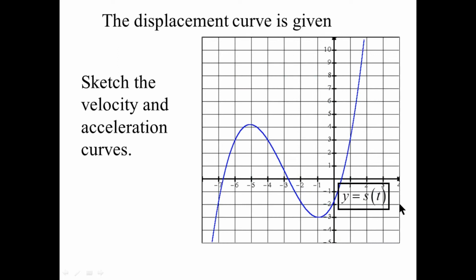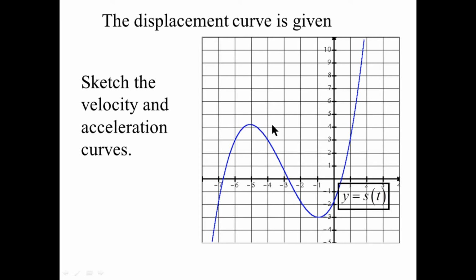Some more exercise in this. The displacement curve is given. Sketch the velocity and acceleration. Well, this is an upward-facing cubic. The velocity, its derivative, will be an upward-facing parabola. And it will have zeros where we see horizontal tangents here.